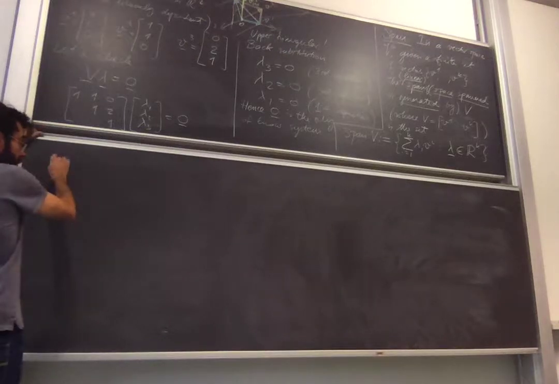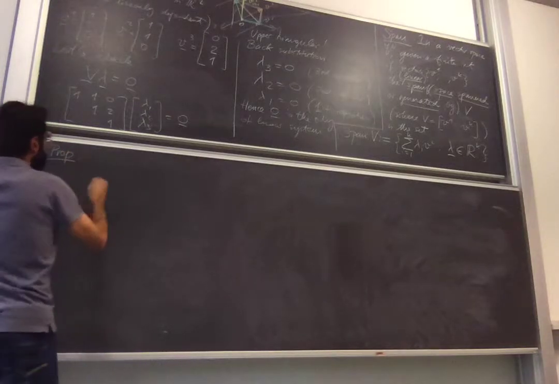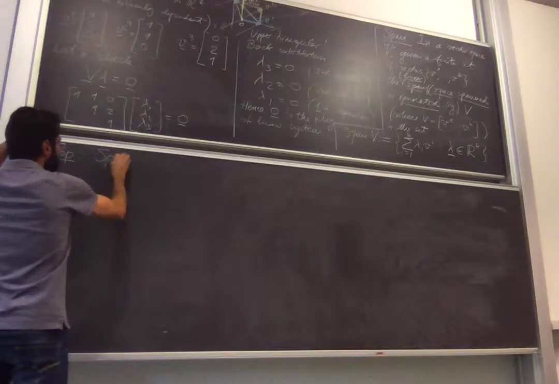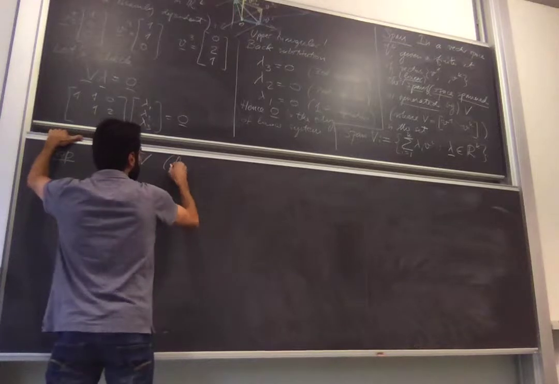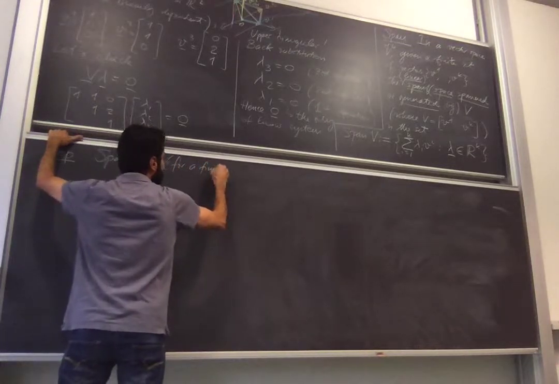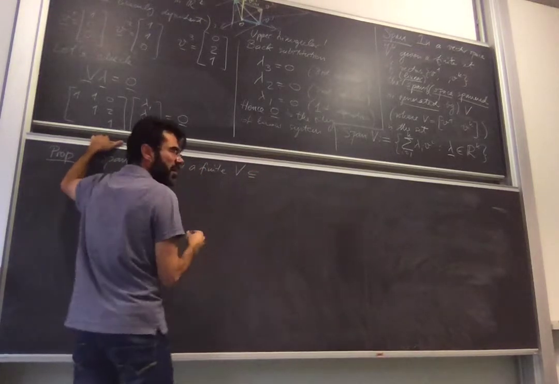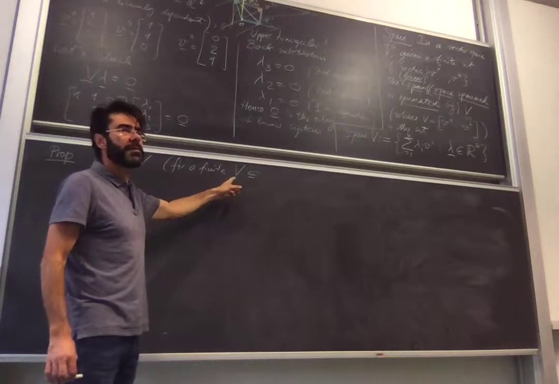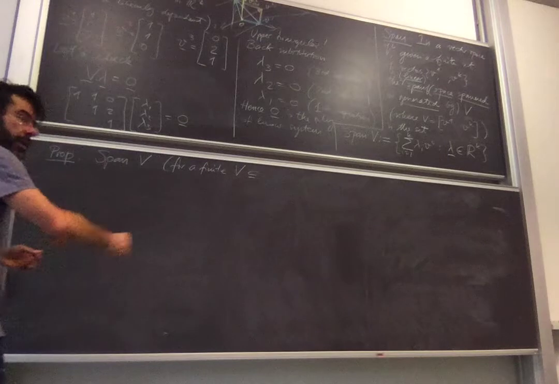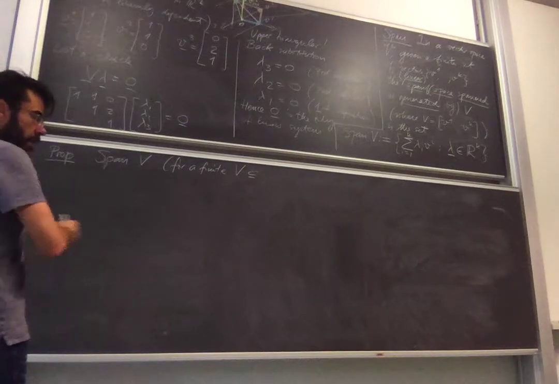So we have the following proposition. The span of V, for any finite V. Here I'm going to start identifying a set of vectors with the matrix, or the array, given by that set as a row.